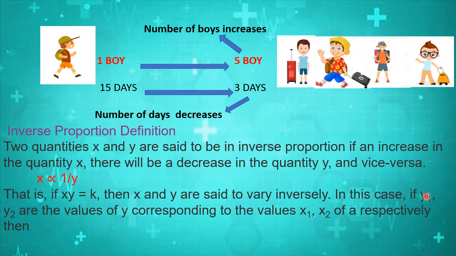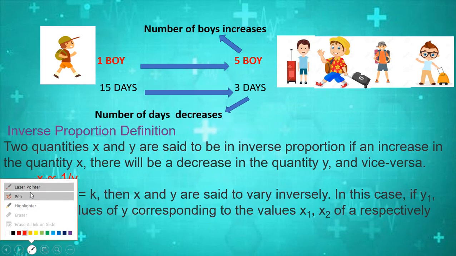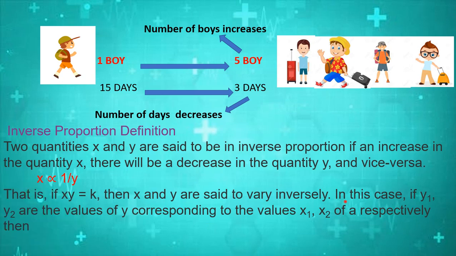In this case, if y1 and y2 are the values of y corresponding to the values x1 and x2 of x, we write it as x1 y1 equals x2 y2.